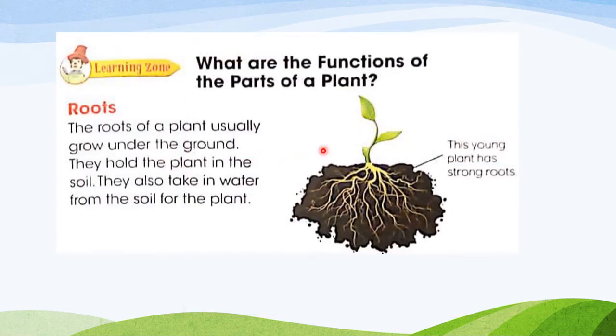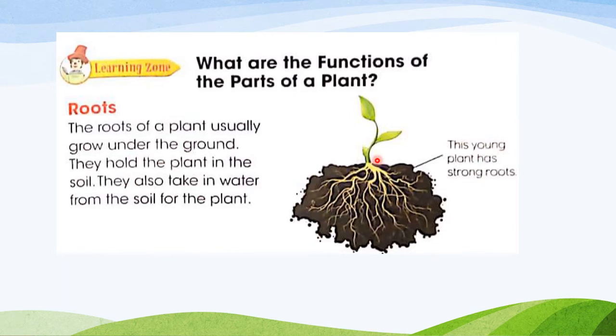What are the functions of the parts of a plant? This is the root. Let's know the function of this part of the plant. Roots of plants usually grow under the ground, just like this. They hold the plant in the soil.